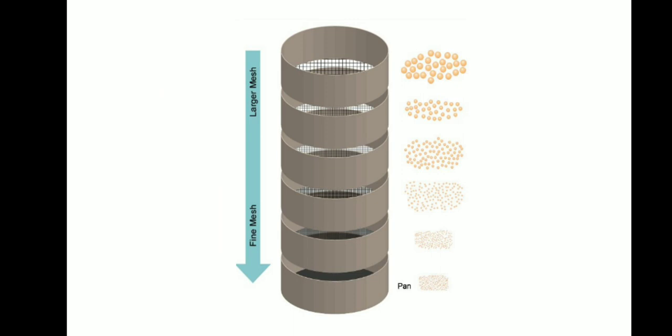Here we can see the picture. The top sieve has a larger mesh size. In the picture itself, you can see that difference. When we come to the lowest part, the mesh size is very fine. So this is the sieving method. The sieves are arranged in descending order.